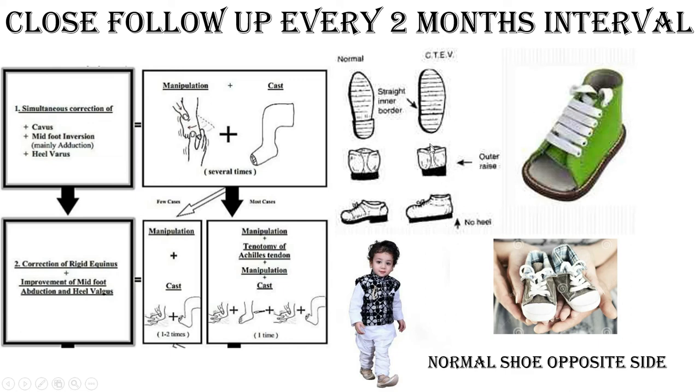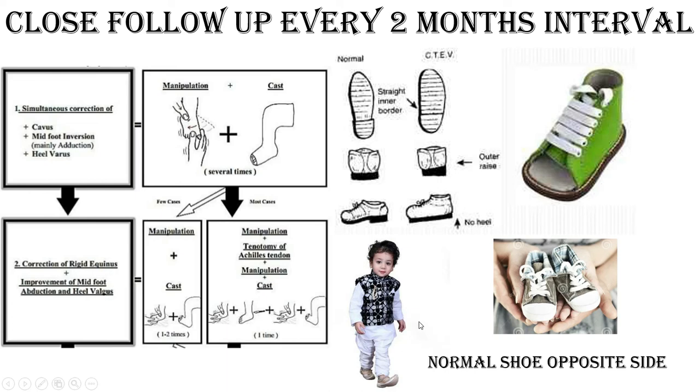This is called CTEV shoes. And every time you have to go for passive correction and manipulation in the free time. And during the daytime when the child walks, we have to use this type of shoe, or we can use a normal shoe on the opposite side.